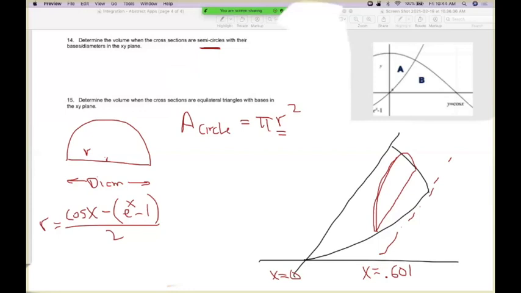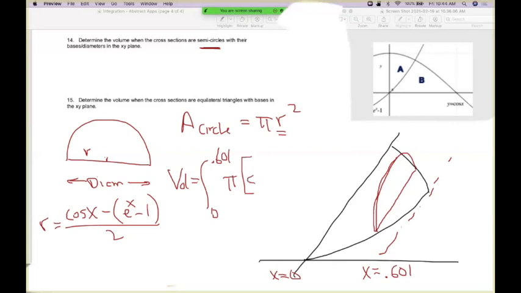So let's just cut right to the integral. For the volume of this shape, we're looking at beginning our journey at x equals 0 and going until x equals 0.601. The cross-sectional area is pi r squared. So again, careful with your syntax on this.